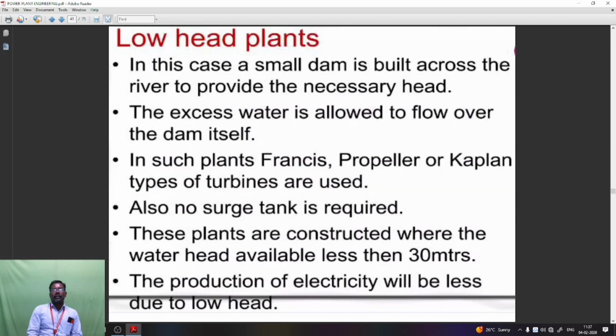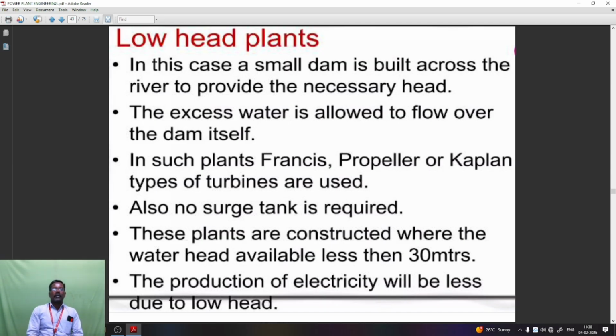Low head plants. In this case, a small dam is built across the river to provide the necessary head. The excess water is allowed to flow over the dam itself. In such plants, Francis, propeller or Kaplan types of turbines are used. Also, no surge tank is required.